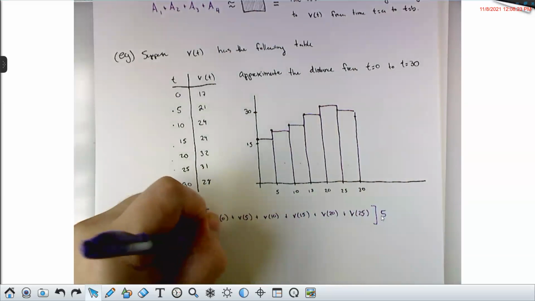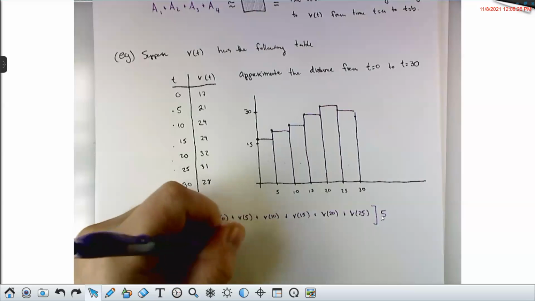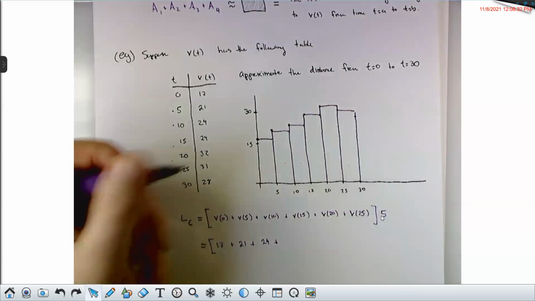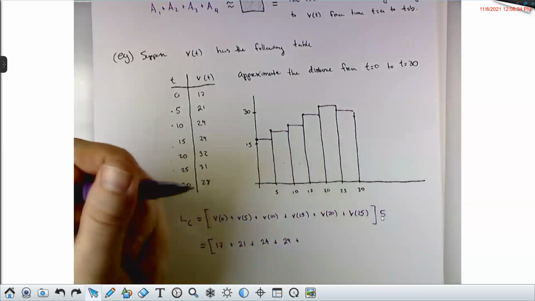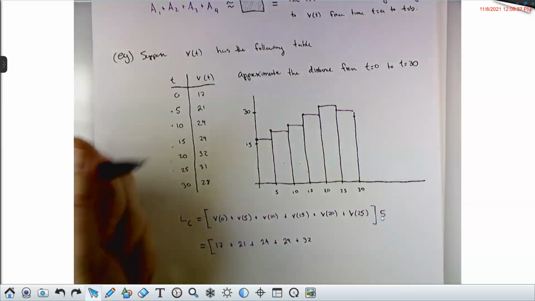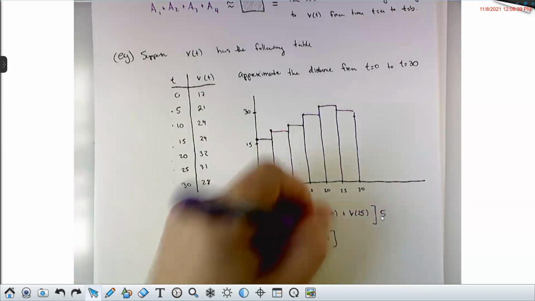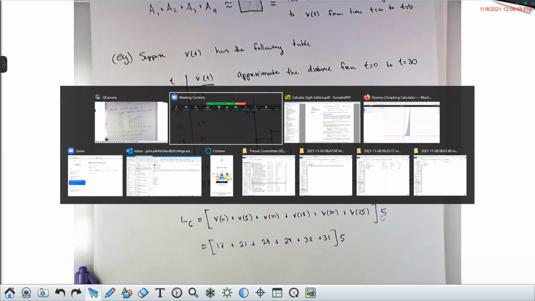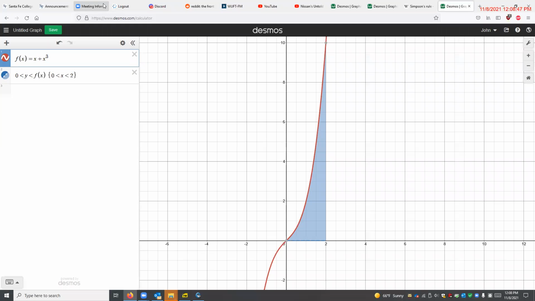So that would be 17 plus 21 plus 24 plus 29 plus 32 plus 31, all times 5. And there's no shame in using a calculator when it comes to this stuff. Let me use Desmos. 17 plus 21 plus 24 plus 29 plus 32 plus 31.